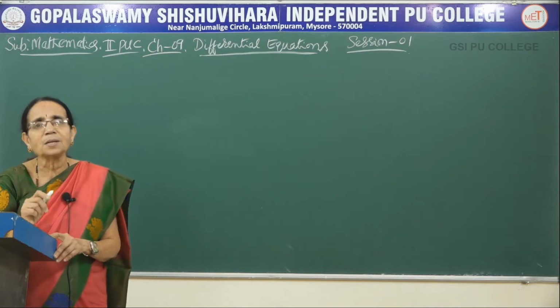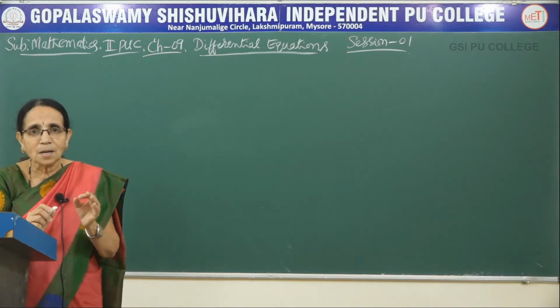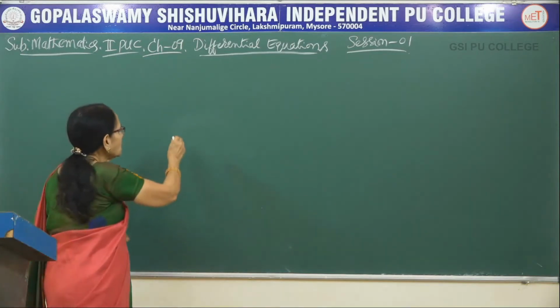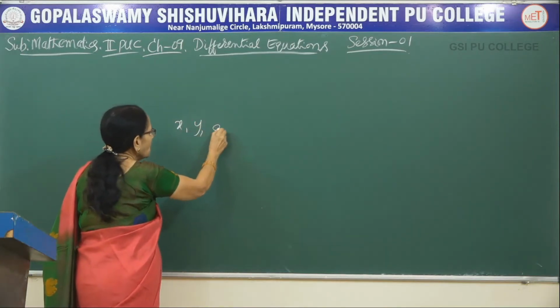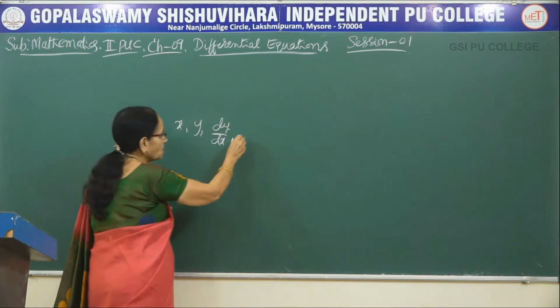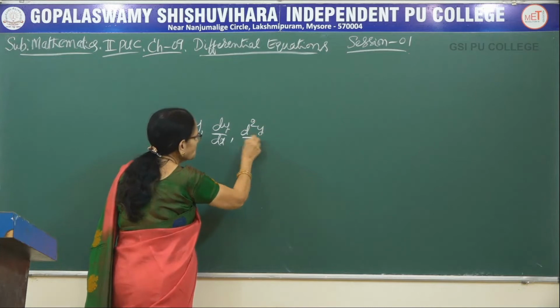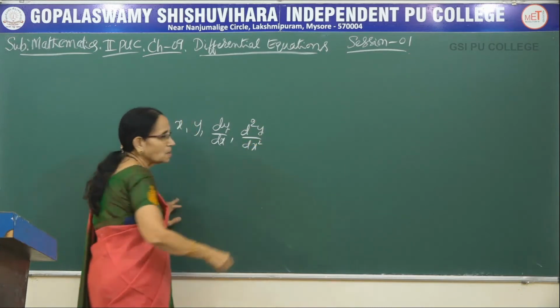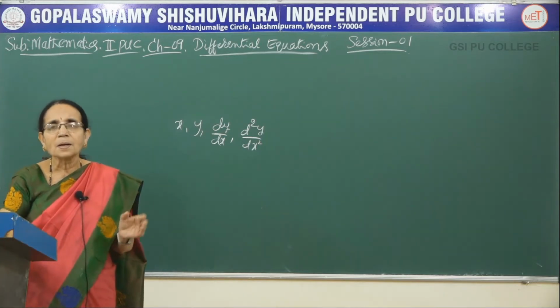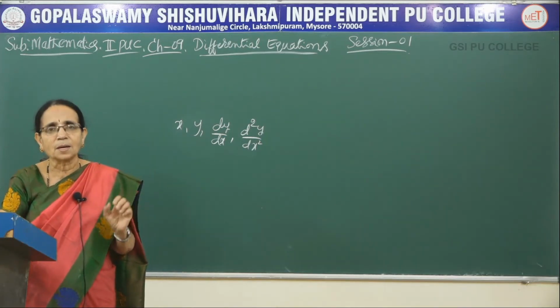Now how do you define a differential equation? An equation which involves the variables x, y and dy by dx, the first order derivative, and d square y by dx square, the second order derivative, or the third order derivative, etc., is called a differential equation.